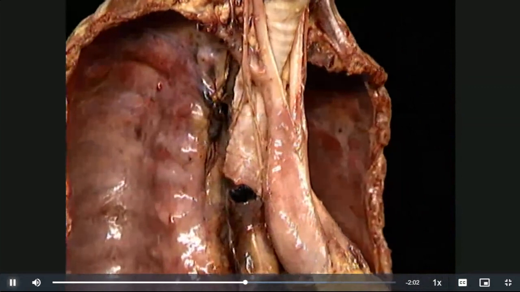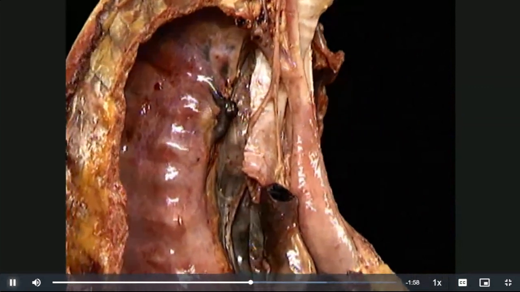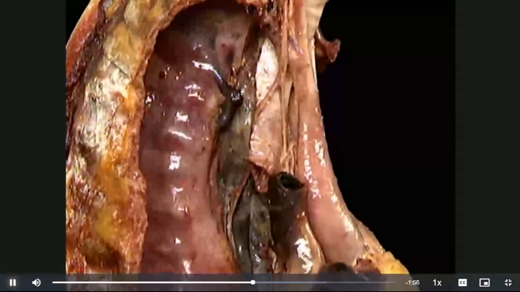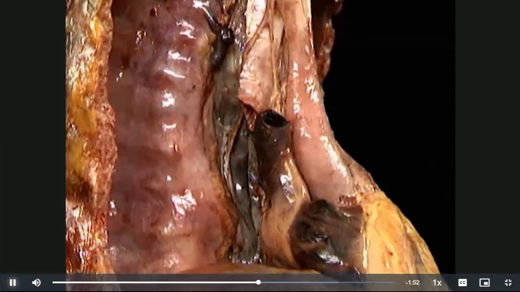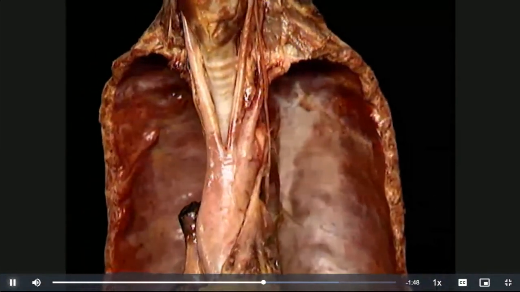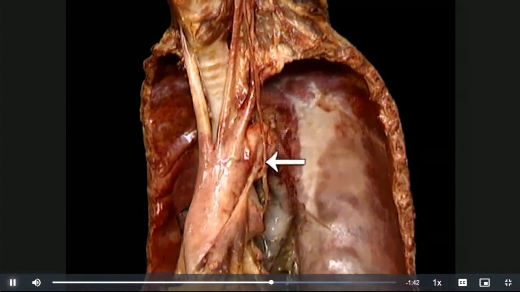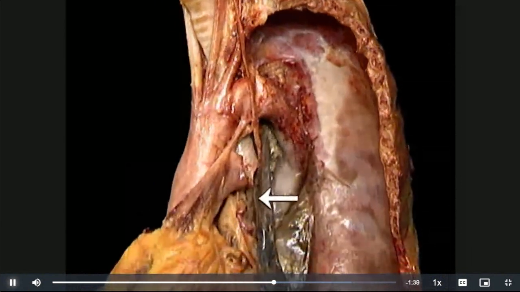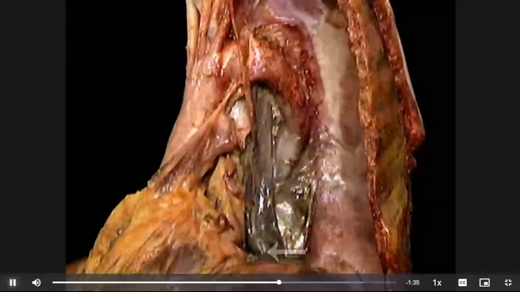On the right side, the vagus nerve passes downward and backward, close to the trachea, to reach the esophagus. It breaks up into several branches as it runs down along the esophagus. On the left side, the vagus nerve crosses the arch of the aorta and passes backward to run down alongside the esophagus and through the diaphragm.